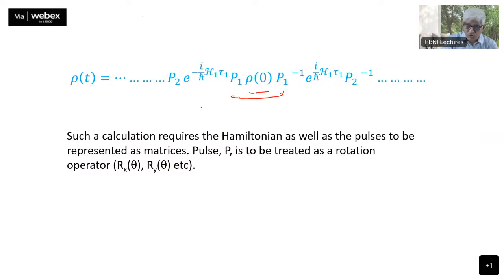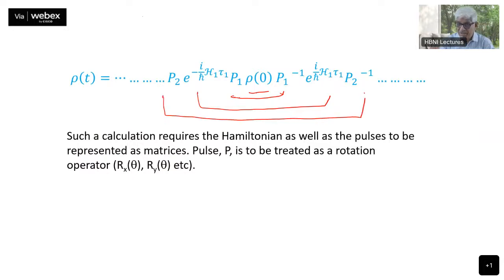Now, from here to here becomes the rho of 0 for the next pulse, P2 and P2 minus 1. Then from here to here becomes the rho 0 for the third operation, evolution under H2, and so on. So rho of 0 in the beginning starts in the middle, and then you keep applying the pulses, evolve under the Hamiltonian, again the pulse, again the Hamiltonian.